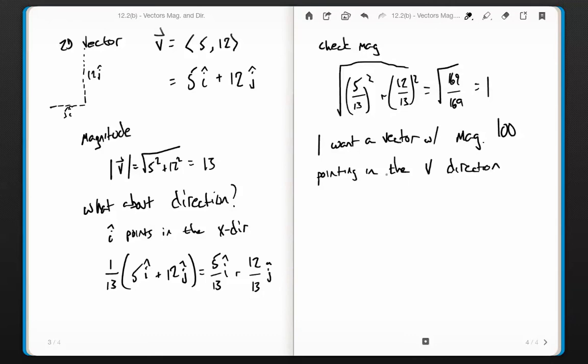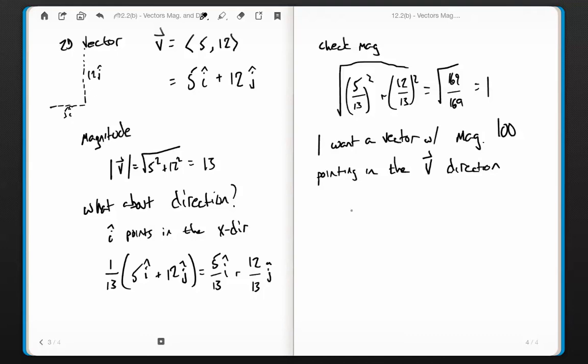Well, one option would be to say, the magnitude of v was 13, so I'd multiply that by, let's see, 7, and that's 91. Multiply by 8, that's 104. No, that doesn't work. So I could figure out what I need to multiply this by to get 100.